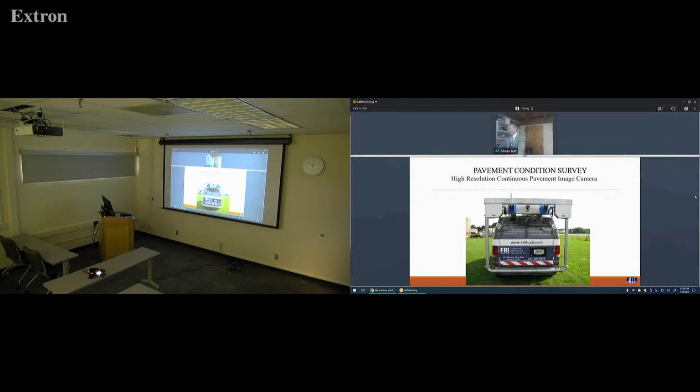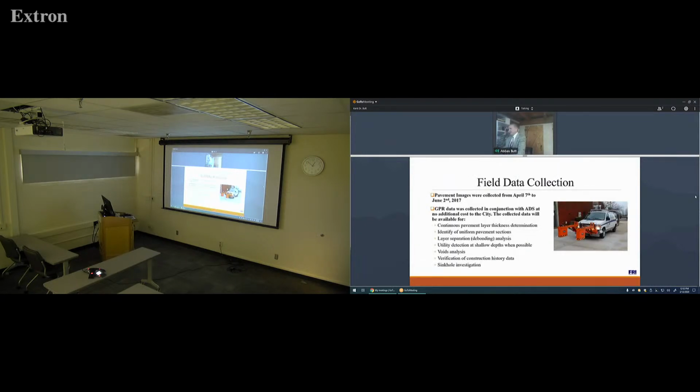And the GPR that I am showing is the next image. We just collected the data, but we have not processed it, because this GPR data collection was done at no cost to the city. We just provided it as a value-added option.